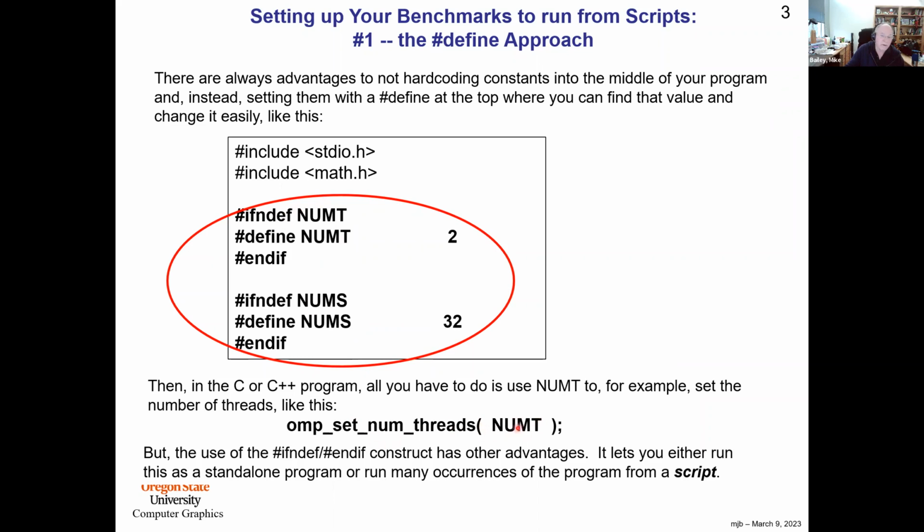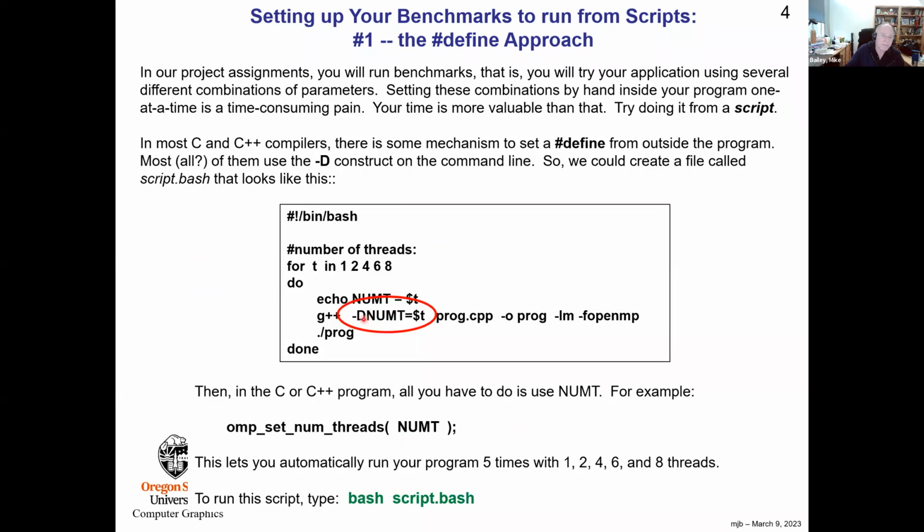And when it gets to this, it'll put in the number that you put in right here, which will be 1, 2, 4, 6, or 8. So we're looping through and we're running this. But we're building in that pound define of numt. Okay, and to run this, we would say bash, the name of the scripting program, whatever this file name is, script.bash. And like seconds later, boom, everything's been run.